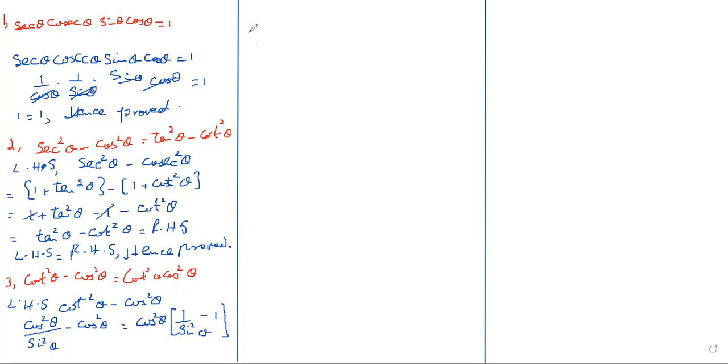Right, so which is equals to, we are working with the left hand side. Cosine square theta, this is sine square theta, and this is 1 minus sine square theta. And we know that 1 minus sine square theta is cosine square theta.